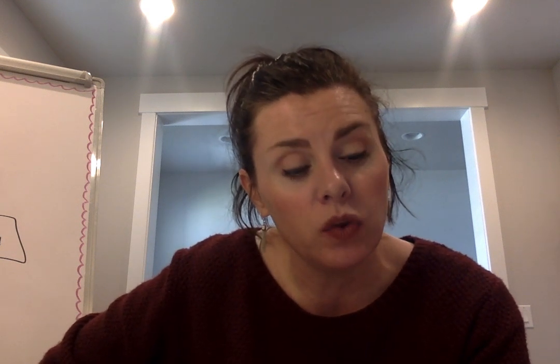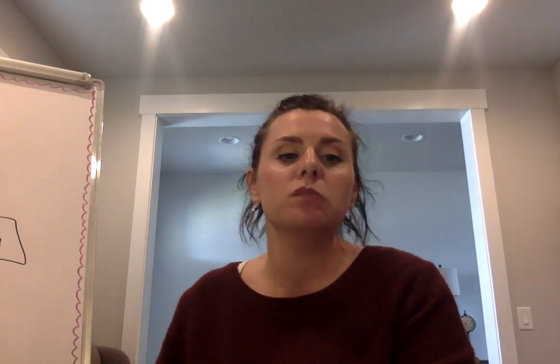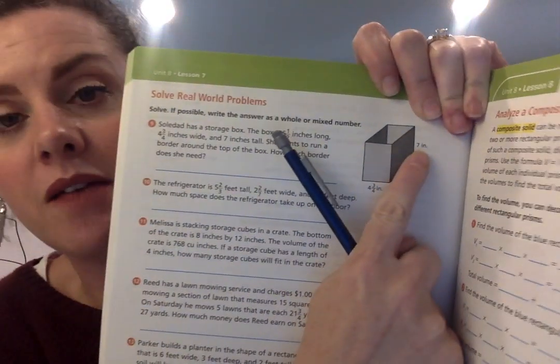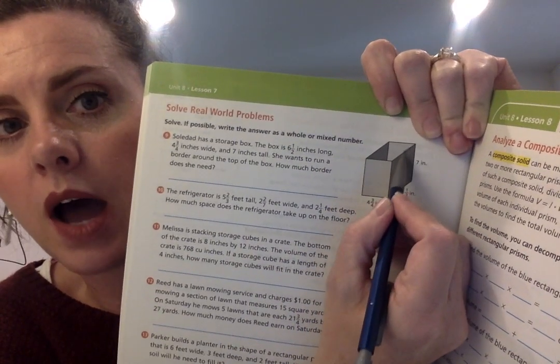Now this might be a little bit confusing because you might think, well, they gave me 3 measurements. It must be volume. I'm going to multiply all those together and get the volume. But she really just wants a border that runs around the top of the box. So the measurement that we don't need is this 7. We don't need to know how high. We're going to run the border around the top of the box.